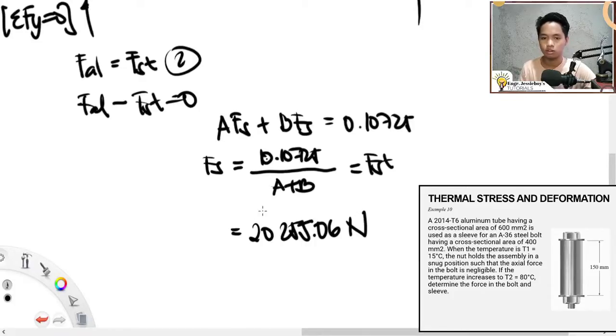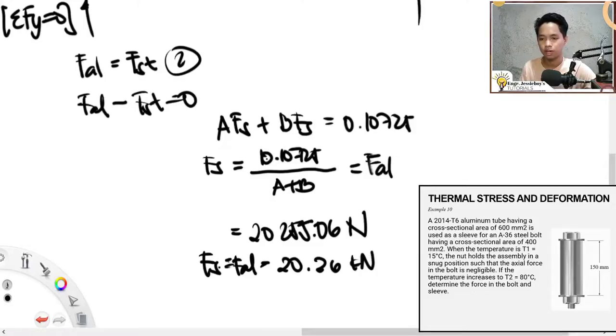Since it is a large number, I'll express it in kilonewton. F aluminum should be equal to 20.26 kilonewton, and that is our final answer. So they are equal.